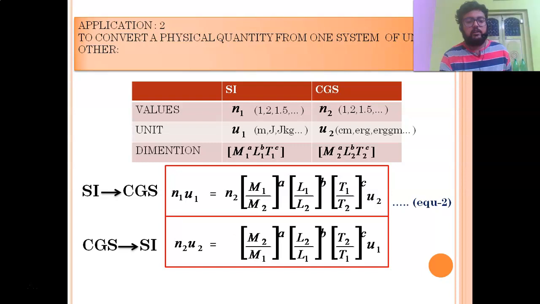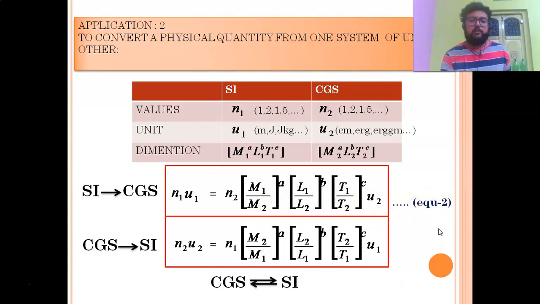Note that the notations here for SI to CGS represent the value and the unit in SI, and the notations M1, L1 and T1 are the values of mass, length and time in the SI system. Similarly, here the notation is just the reverse of the previous one. Let us name it equation 2.